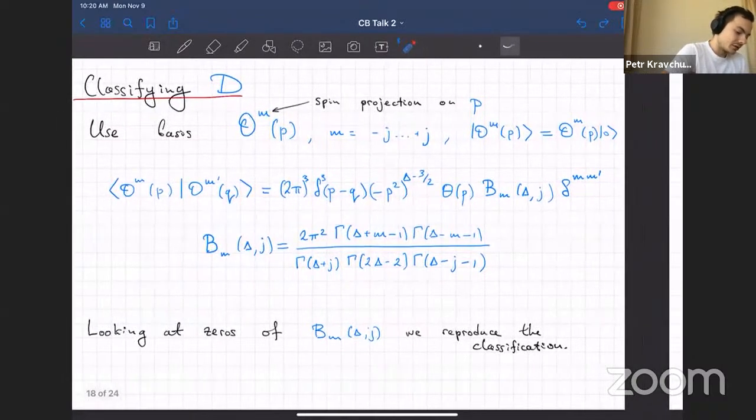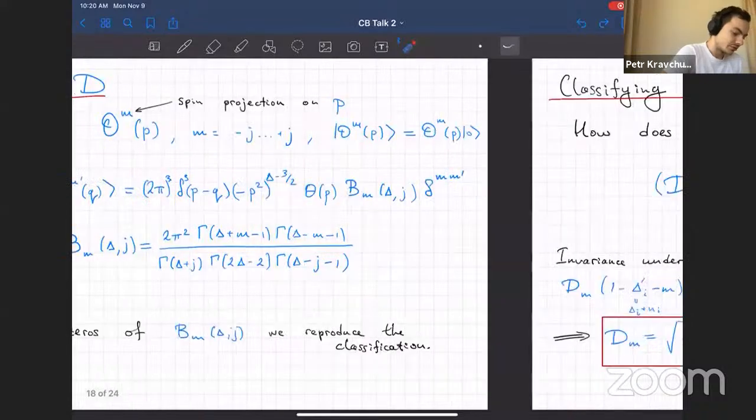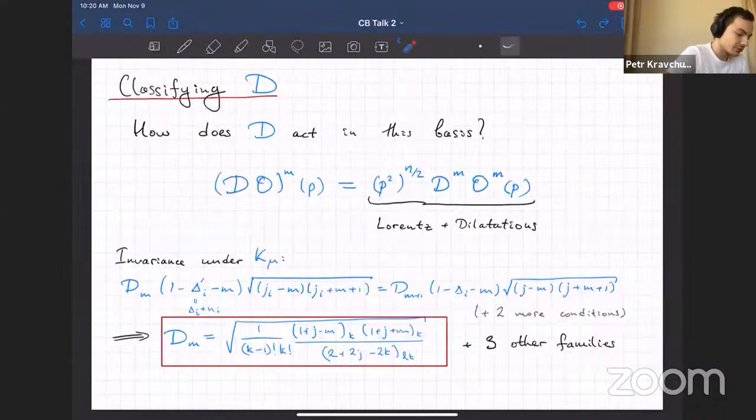Okay, and in a similar way, using the same idea, we can get the explicit expressions for this differential operator D_m. If we ask how the differential operator D can act on operators in this kind of representation, momentum space with this special choice of spin indices, you can see that it should also be very simple, because the momentum again should be conserved.